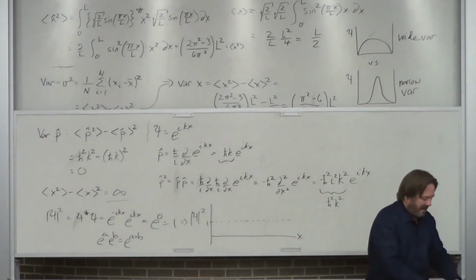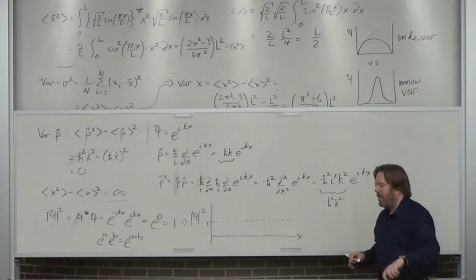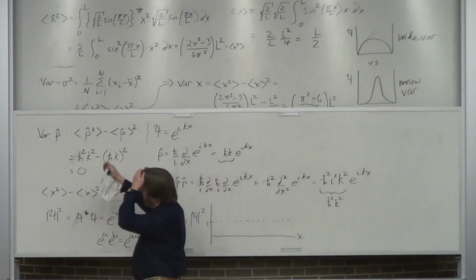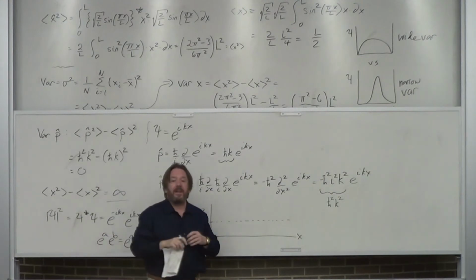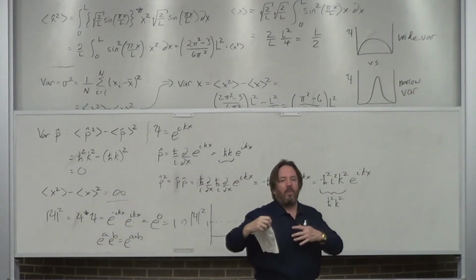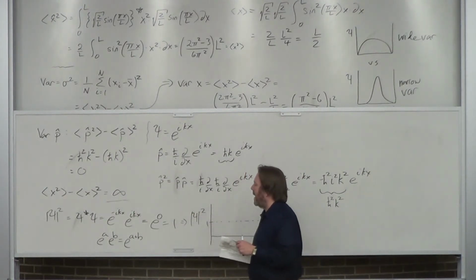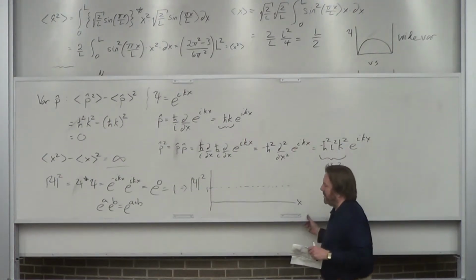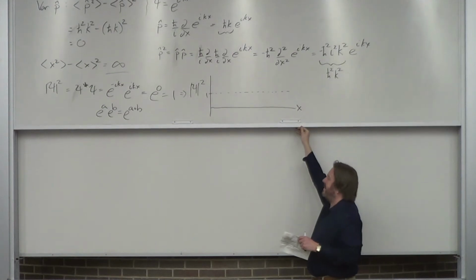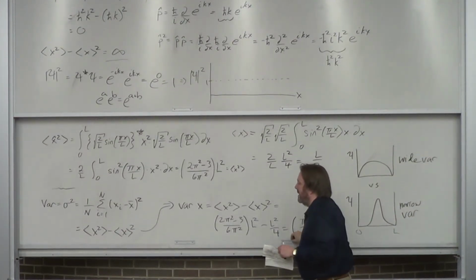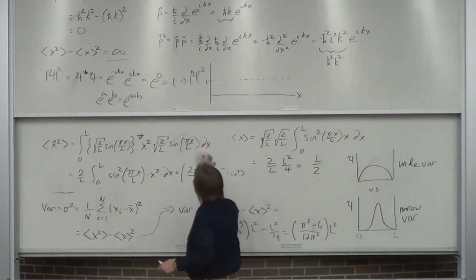Okay, what is the point of all this? The point is that there's actually a relationship between the variance in momentum and the variance in position. So we're getting a lot of practice doing these. We're doing them different ways, but there's a reason for it. Let me express this two different ways.